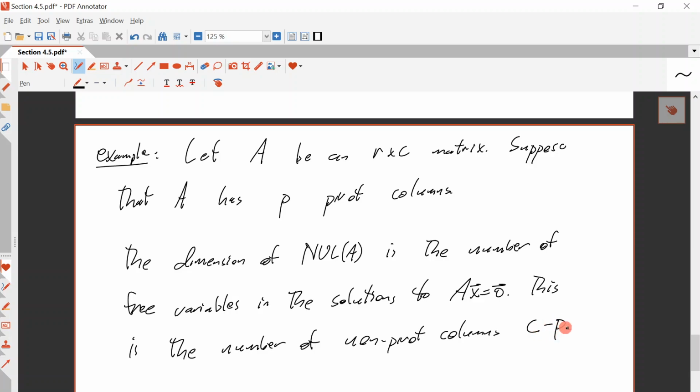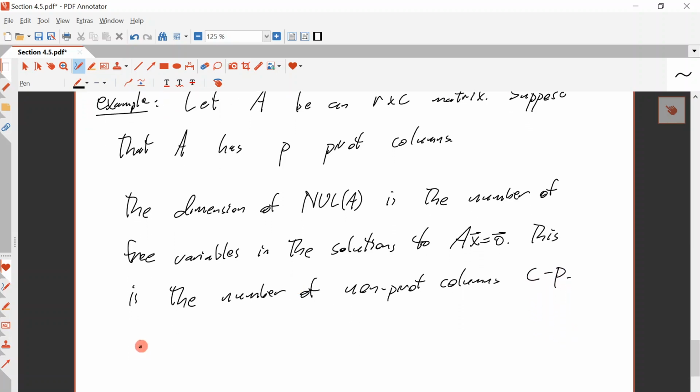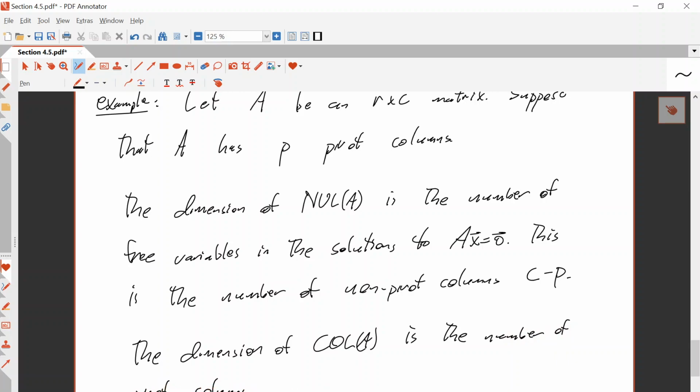This is C minus P. The dimension of the column space of A, like we've been saying, is the number of pivot columns, P.